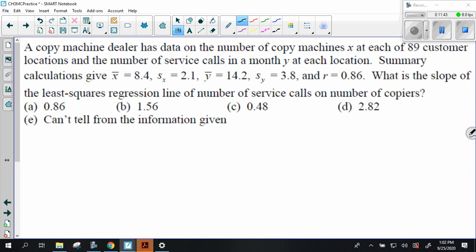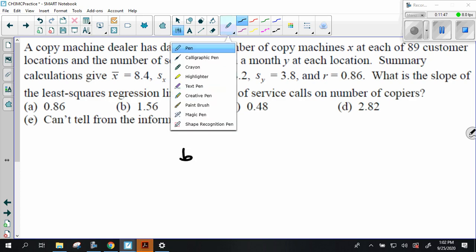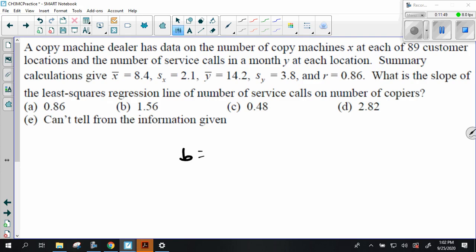So we get that our slope b is equal to r, the correlation, times the standard deviation of all of our y values divided by the standard deviation of all of our x values. So we've been given this information, fortunately, all right? So we got 0.86 is r.